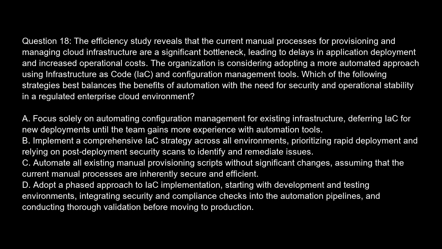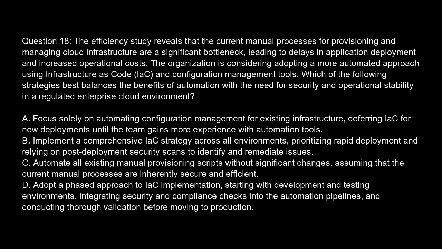Option A. Focus solely on automating configuration management for existing infrastructure, deferring IaC for new deployments until the team gains more experience with automation tools. Option B. Implement a comprehensive IaC strategy across all environments, prioritizing rapid deployment and relying on post-deployment security scans to identify and remediate issues.